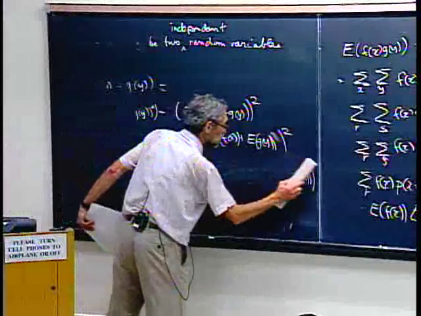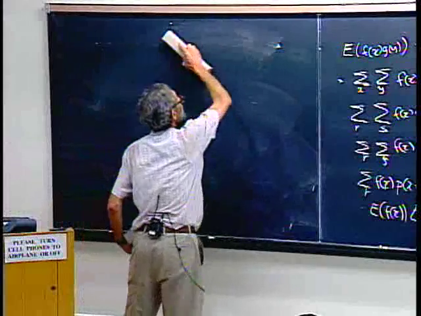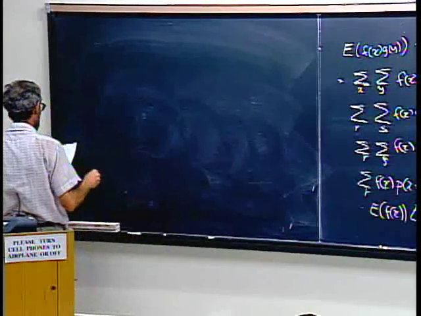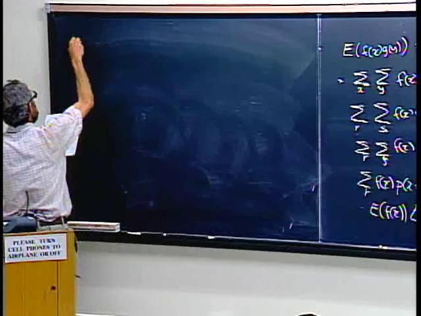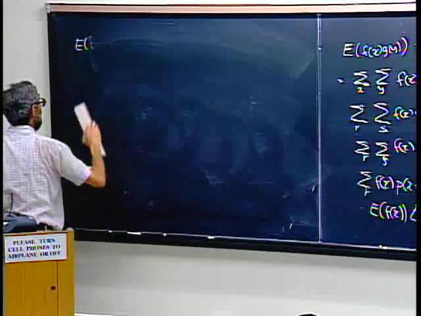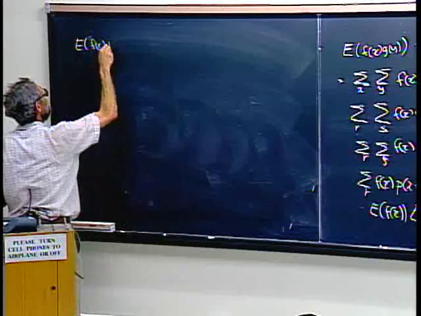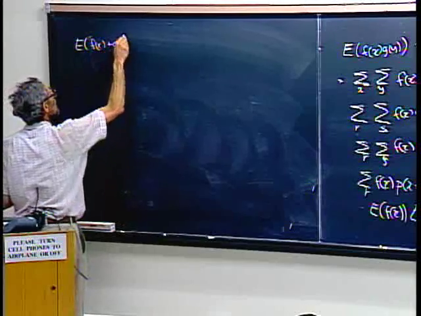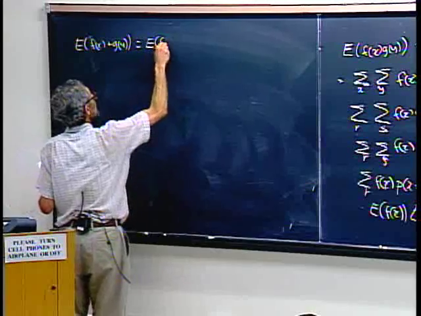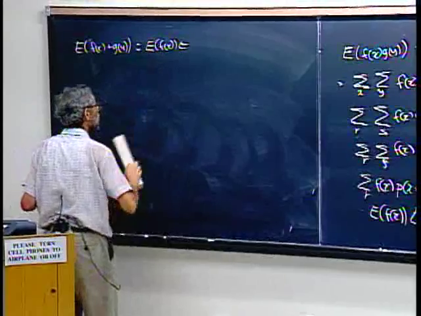If I have two continuous random variables or two functions of continuous random variables, I want to show that E of f of x plus g of y is the sum of the expectations. E of f of x plus E of g of y.